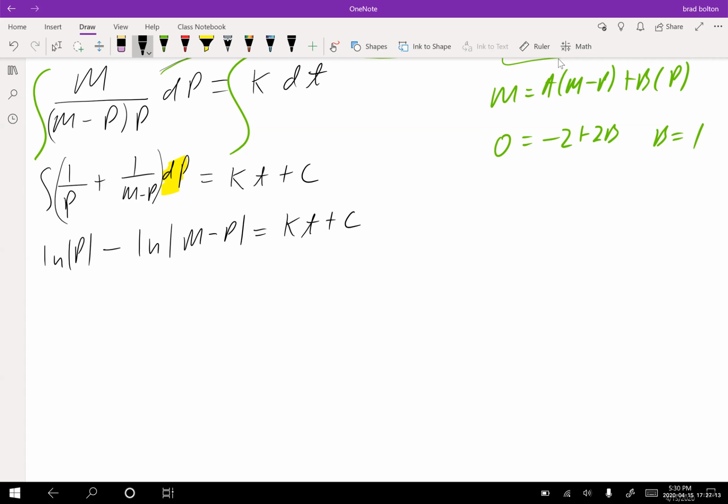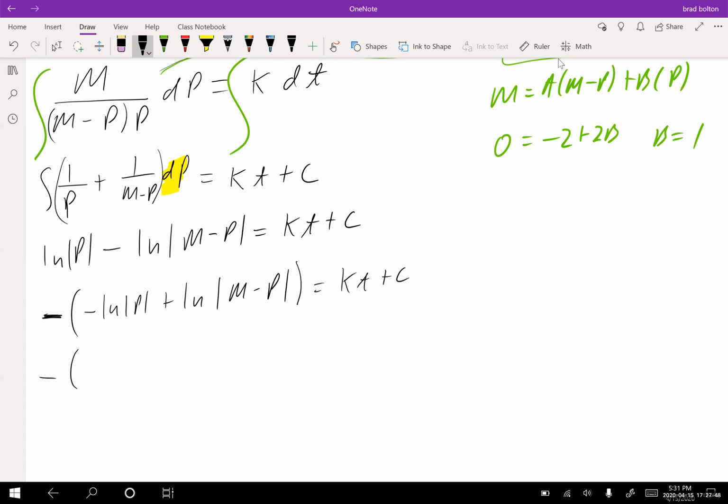So you guys see that I could factor out a negative. I learned this from somebody else. So we could factor out a negative, and we could rewrite this as negative ln of the absolute value of P plus ln the absolute value of M minus P equals KT plus C. I could rearrange this.